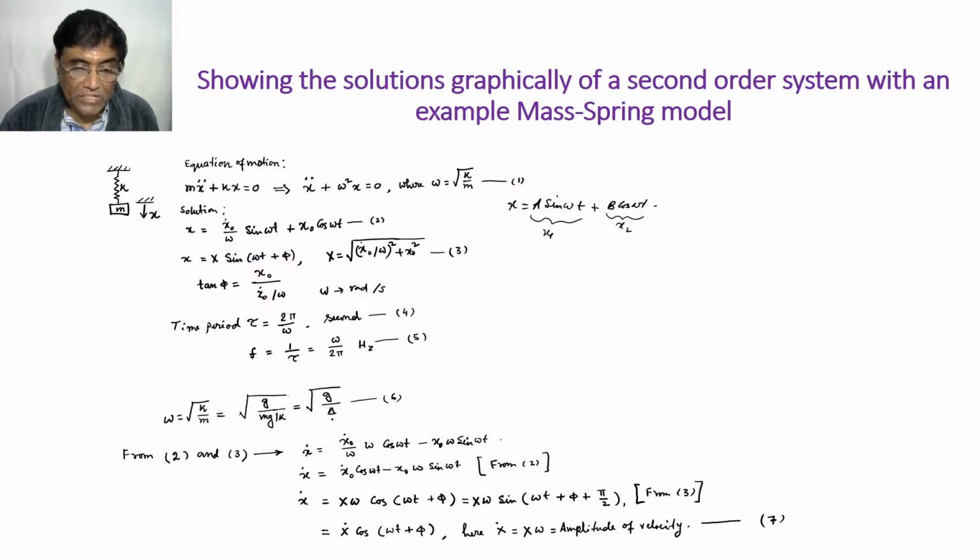If I know the acceleration due to gravity at that place, I can calculate the natural frequency of that system, which by definition is root over of k by m, equal to root over of g divided by mg by k. So that same thing I am writing in this form. And now gravity is important, right? So mg is the total force acting on the system.